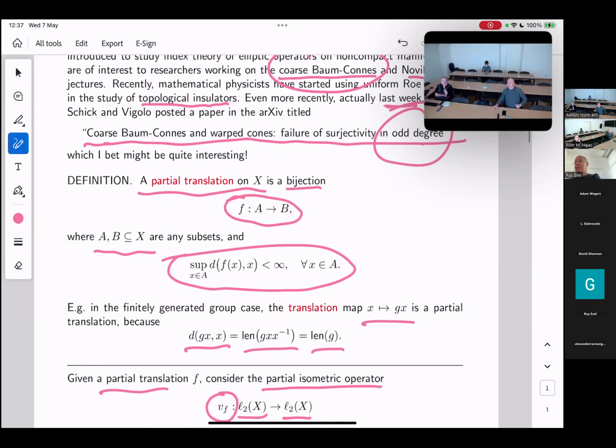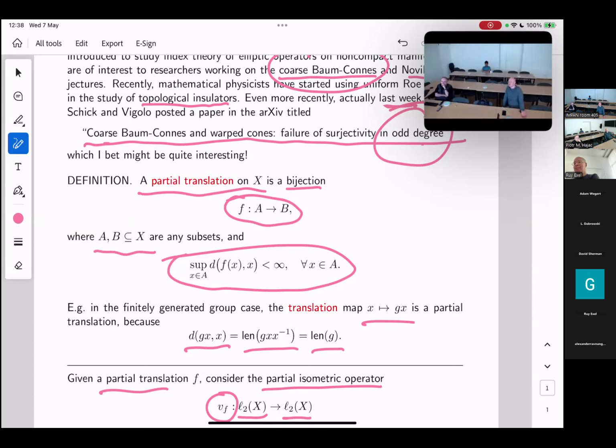Yes. So, this condition about the supremum is a coarse condition. But being a bijection is not a coarse condition. So, speaking about the motivation for this notion in coarse geometry, why do people not think about things which are bijections, for instance, up to some coarse equivalence?